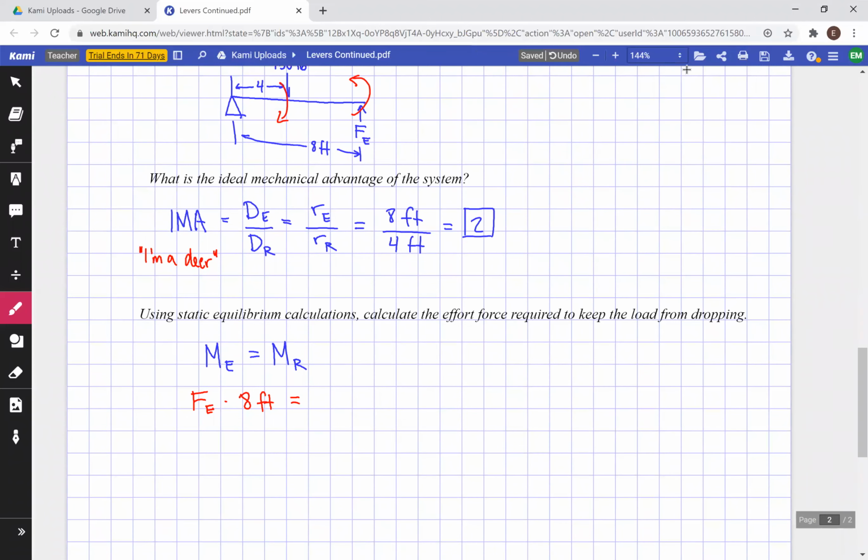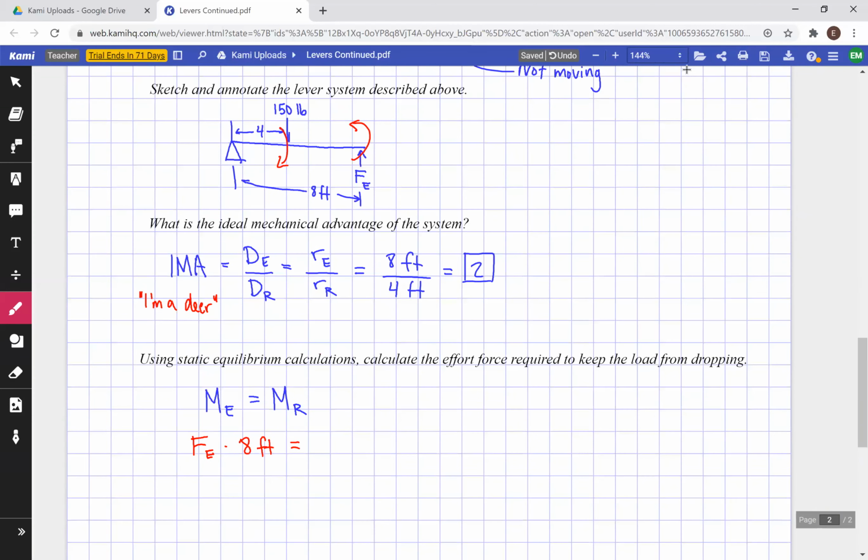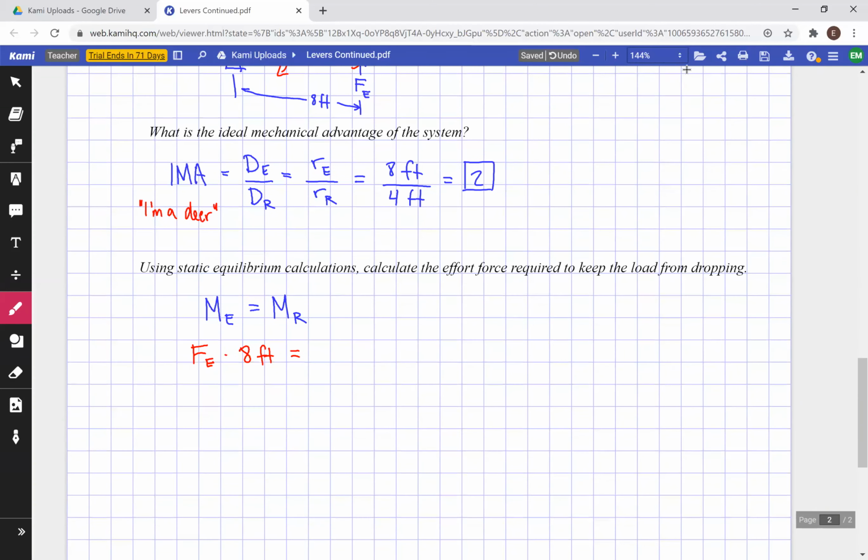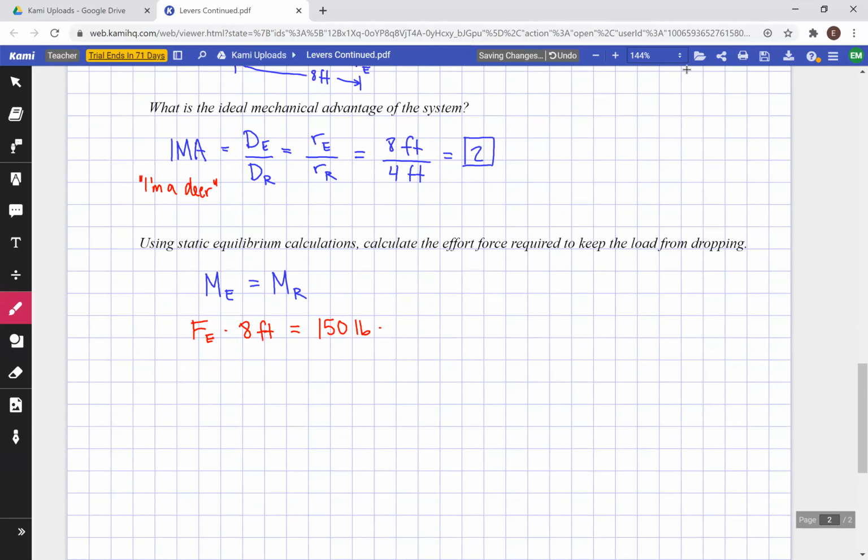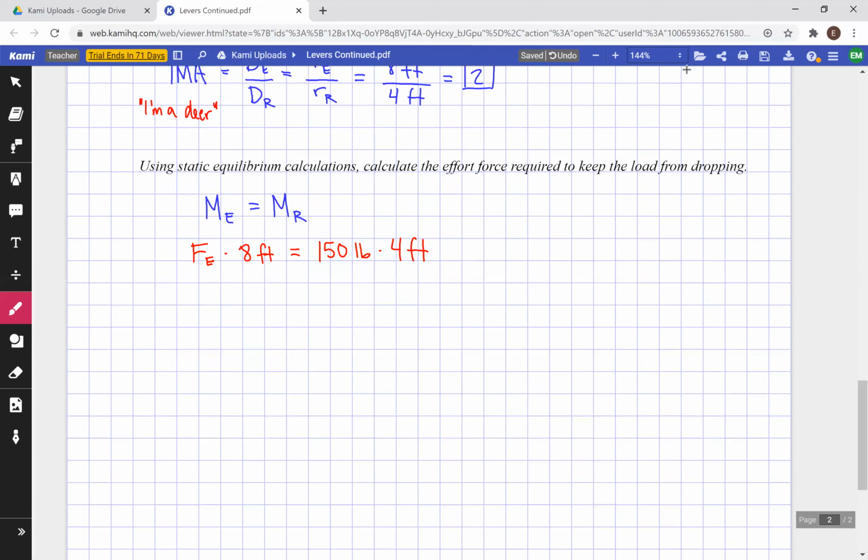Sorry, I keep saying reaction. I mean resistance. The resistance force, which is 150 pounds, times its distance from the fulcrum, which is 4 feet. Okay.